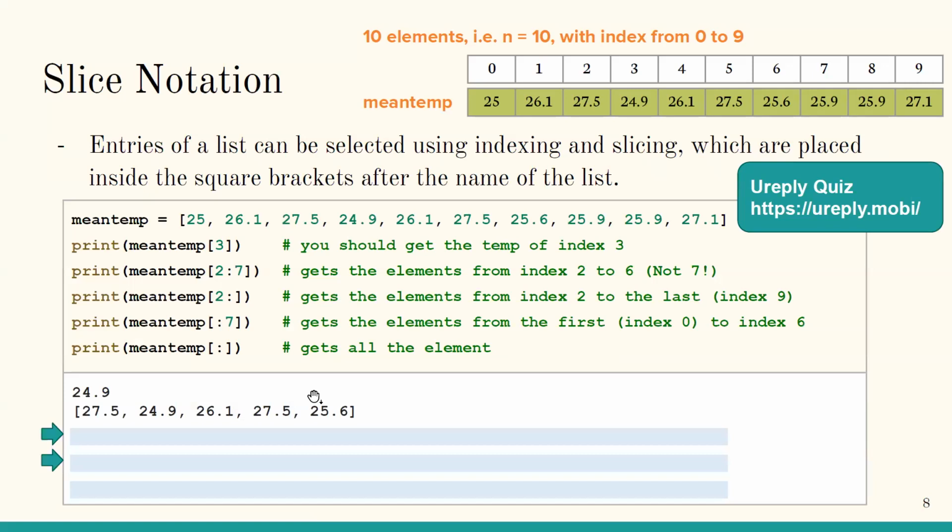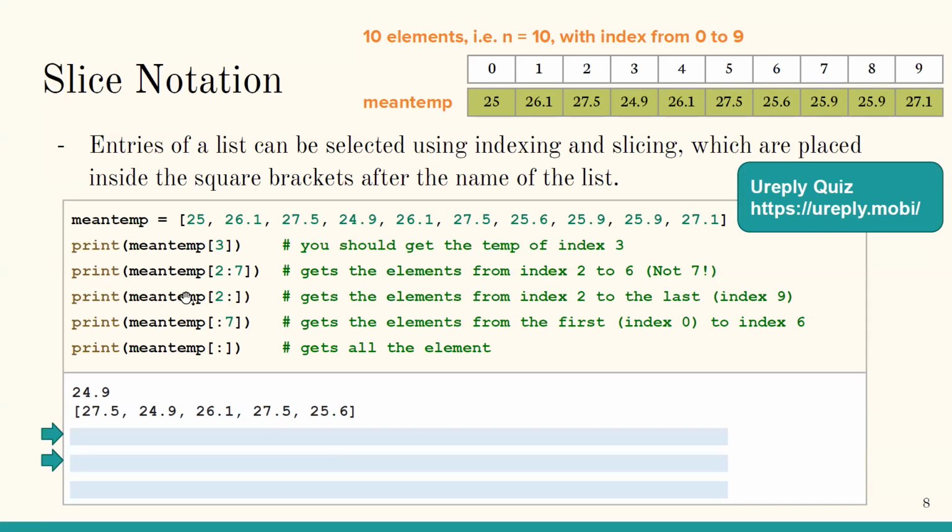Okay, so now we have the first quiz in here. We still have the same 10 values stored in this min temp list. The first one, you have already seen this, right? 24.9, which is the fourth value. 2 to 7, which is index 2 to 6.